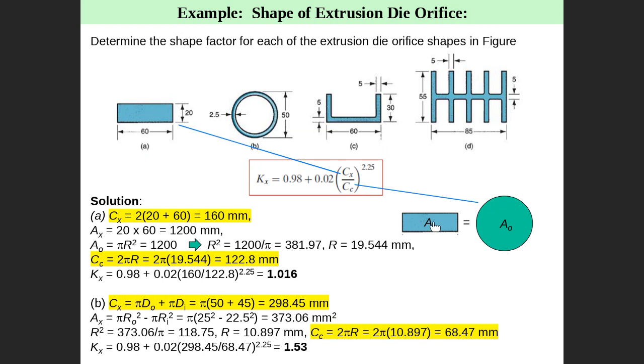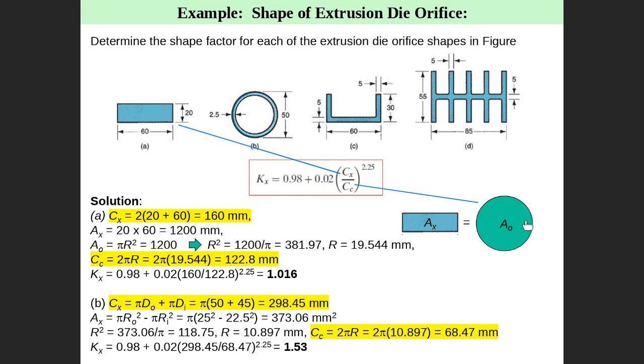How do we do it? First we obtain the area of the extruded part. The area of this guy equals 20 multiplied by 60. This is Ax. Ax equals 20 multiplied by 60. This area is equivalent to the area of an imaginary circle. This circle does not exist; we imagine it.